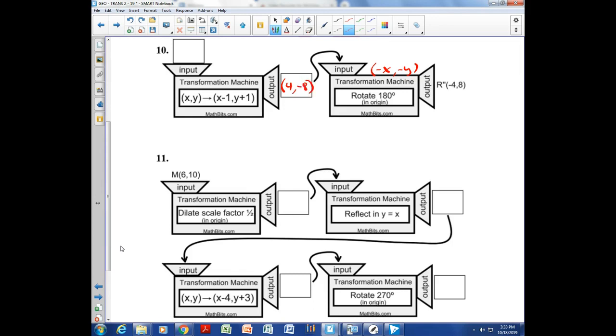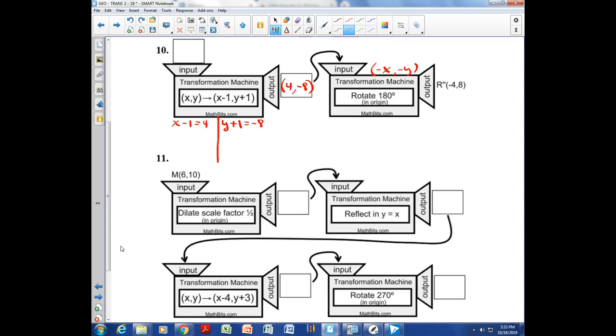Now, when you're doing a translation backwards, I'm going to take each part of the formula here, the x minus 1 and the y plus 1, and I'm individually going to set them equal to their respective coordinates in the point. So I'm going to say my x minus 1 was equal to 4, and my y plus 1 was equal to negative 8.